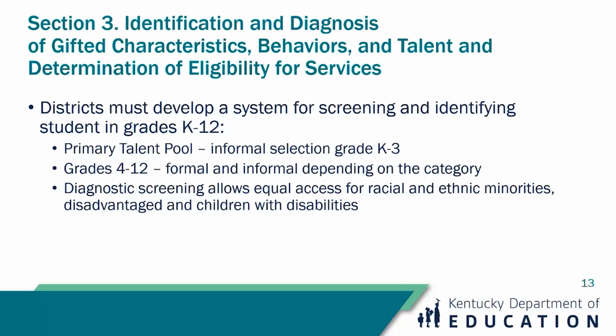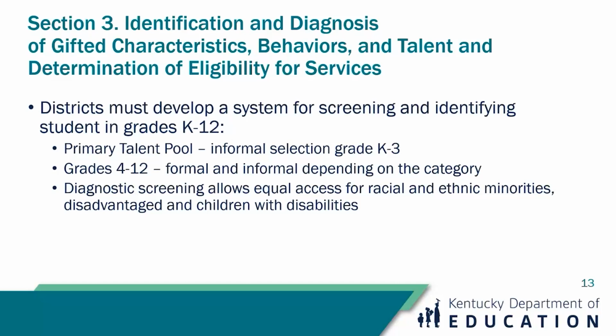Primary talent pool students, or PTP students, are informally identified, and formal measures can be used to assist with the level of services that are offered, but formal measures cannot be used to find a student ineligible for primary talent pool. Also, it covers criteria for formally identifying students in grades 4 through 12.